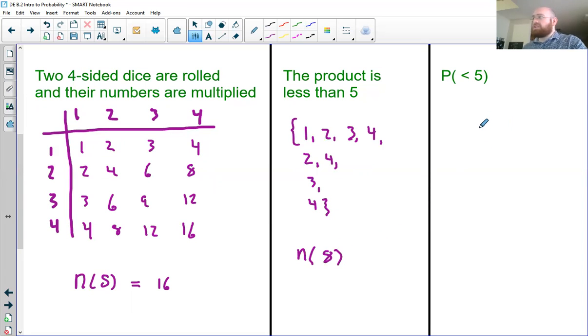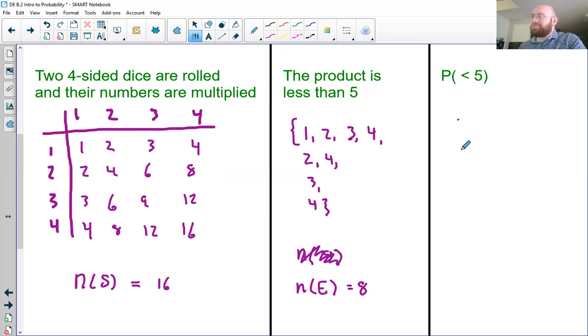And so the probability that our product will be less than 5 is, I just noticed I did something incorrectly. The size of our event space is 8. There we go.